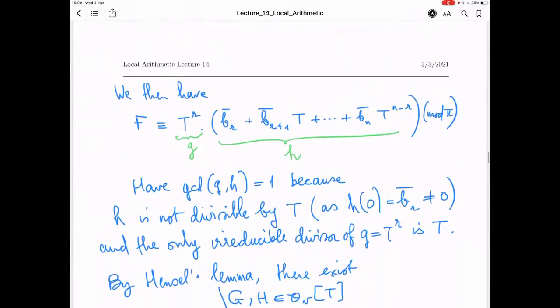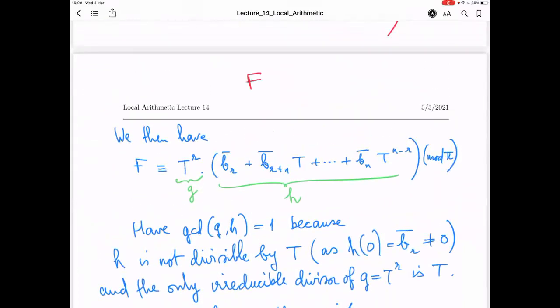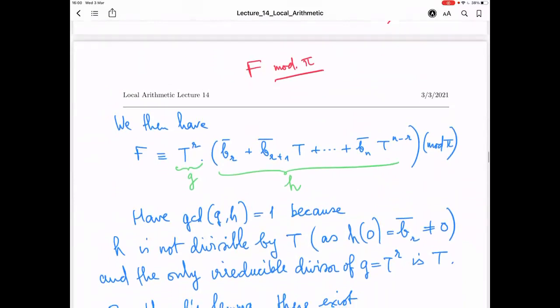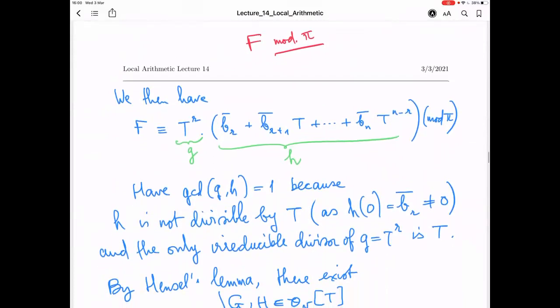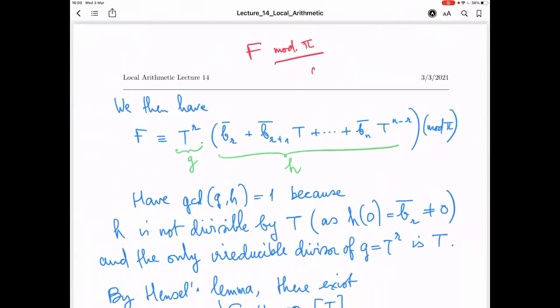Now, when I reduce this polynomial F modulo pi, what do I get? I get F bar, which is congruent to b0 plus b1 t up to b(r-1) t to the r minus 1 plus br t to the r plus so on. That's what the polynomial looks like.